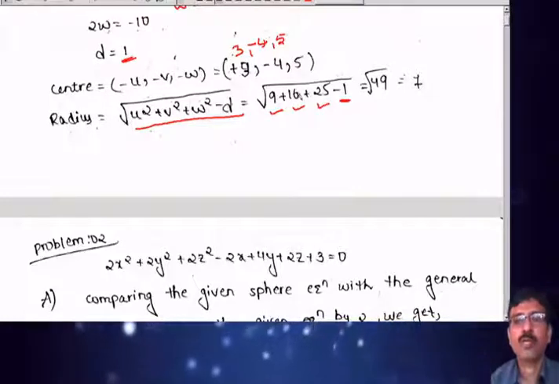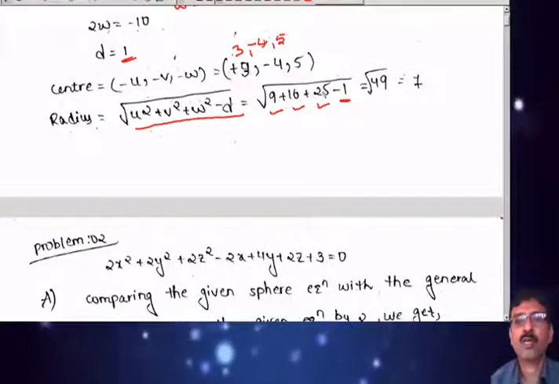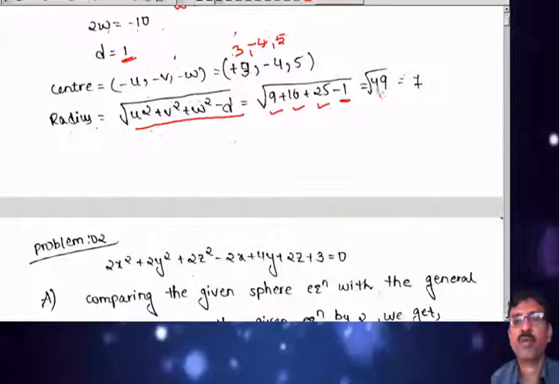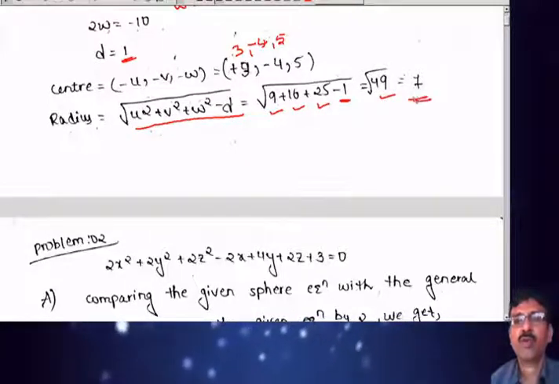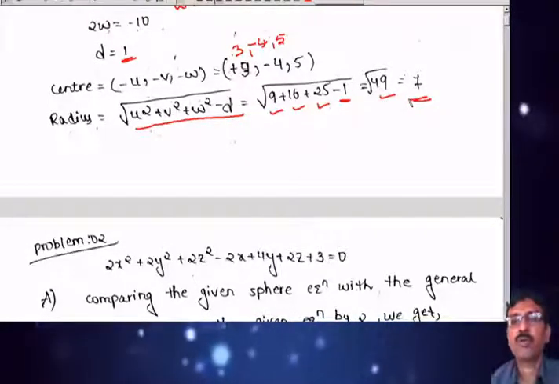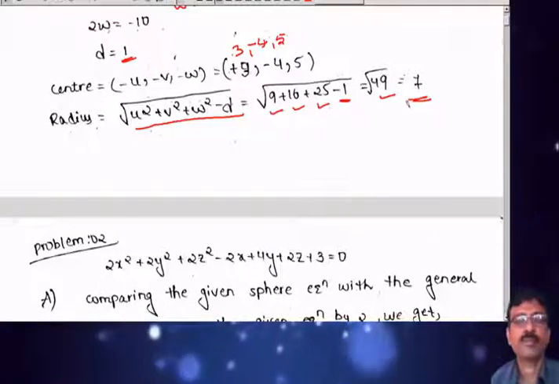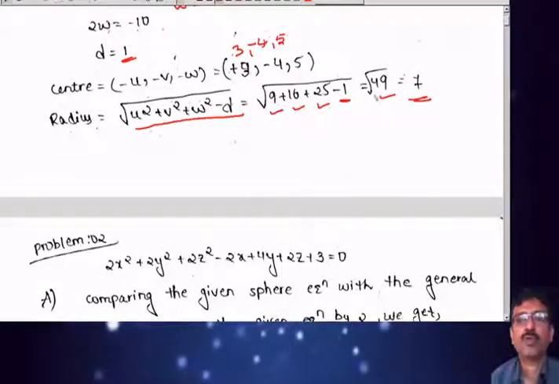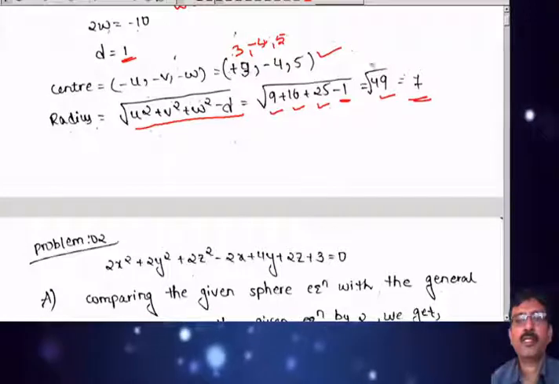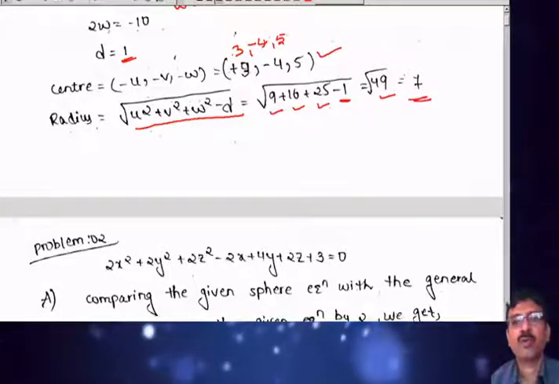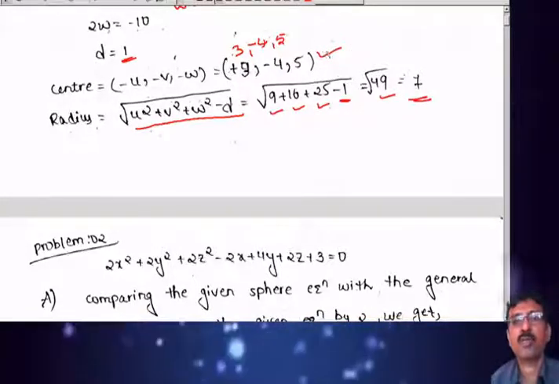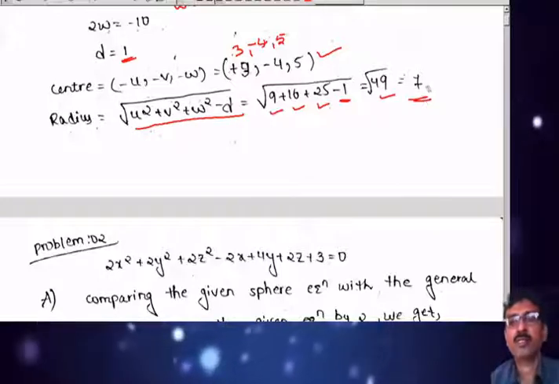So 9 plus 16, 25 plus 25, 50 minus 1, 49. The square root of 49 equal to 7. So the center is 3, minus 4, 5, and the radius is 7.